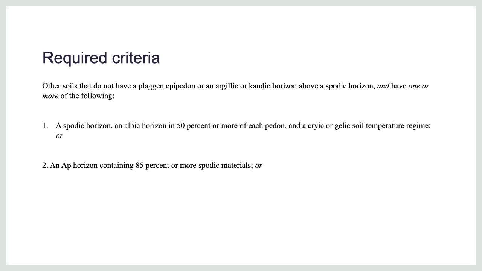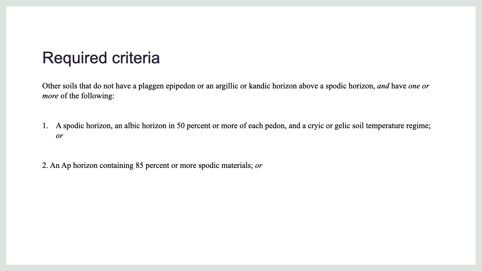The spodosols are soils that cannot be classified as a gelisol or cannot be classified as a histosol, and they don't have a plaggen epipedon. The plaggen epipedon is that horizon induced by humans, who bring material to these specific soils, trying to increase the soil fertility, and they sometimes bring sandy materials, and because of this we have a mix between what could be an E horizon and what was induced or transported by humans.